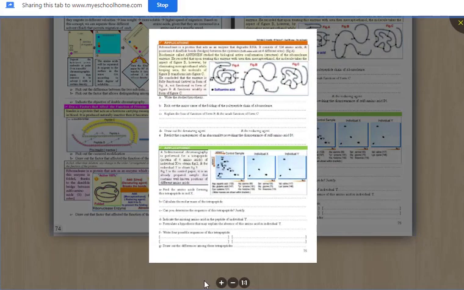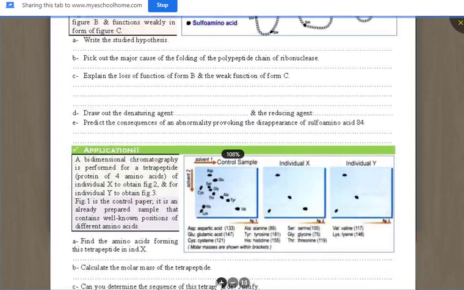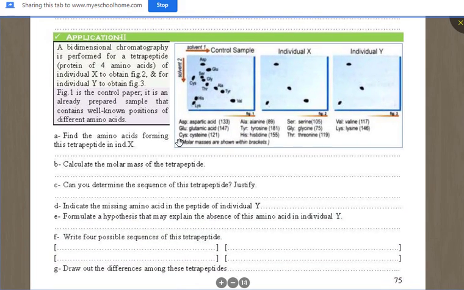Let us read this application, and we will take it as homework for next time. Okay, we will read this application and take it as homework, please, for next time.